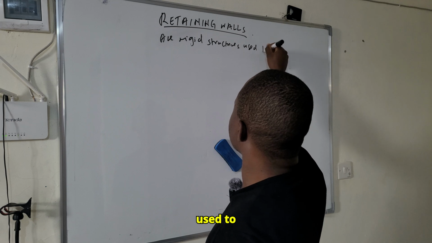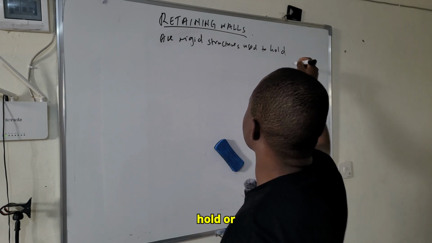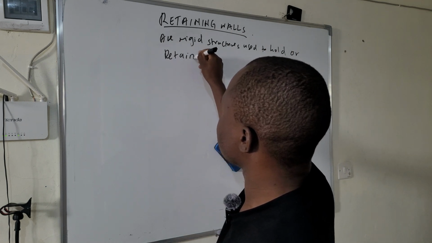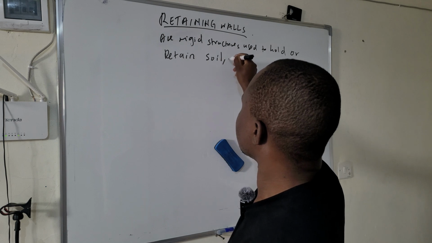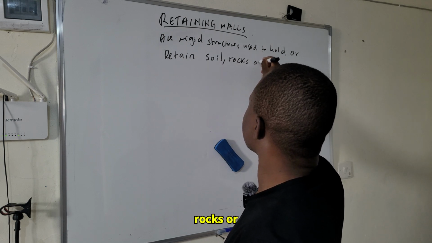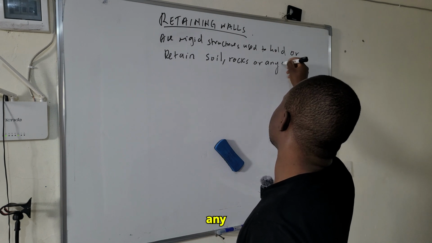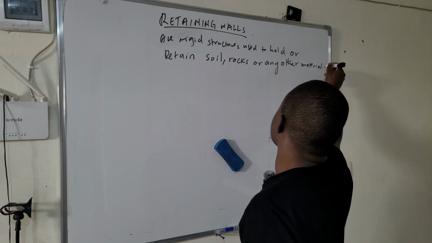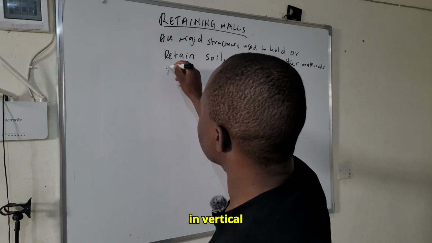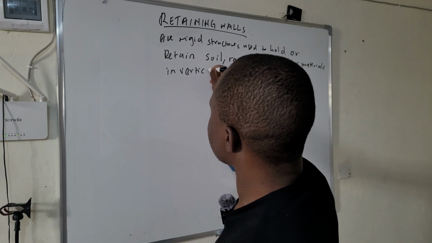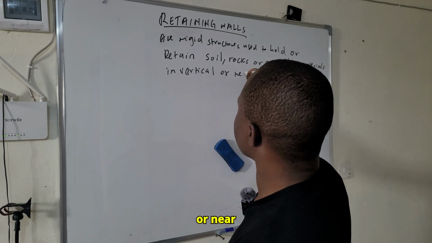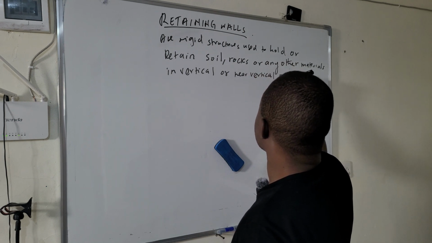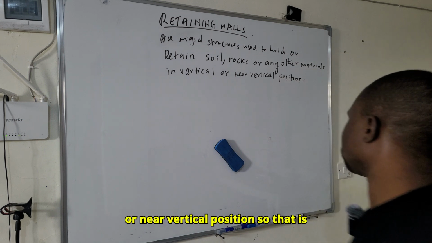So retaining walls are rigid structures used to hold or retain soil, rocks, or any other materials in a vertical or near vertical position.